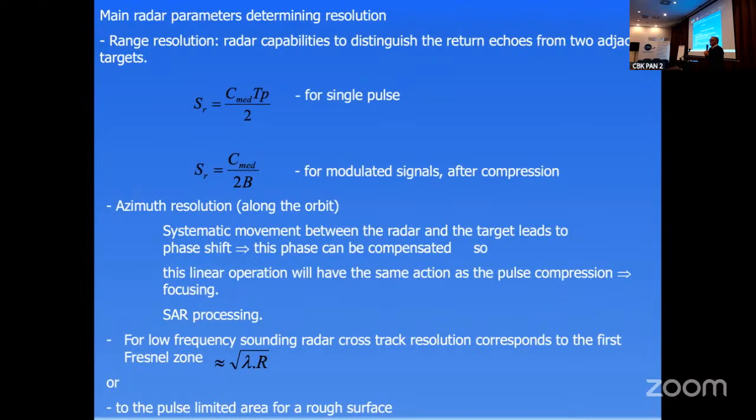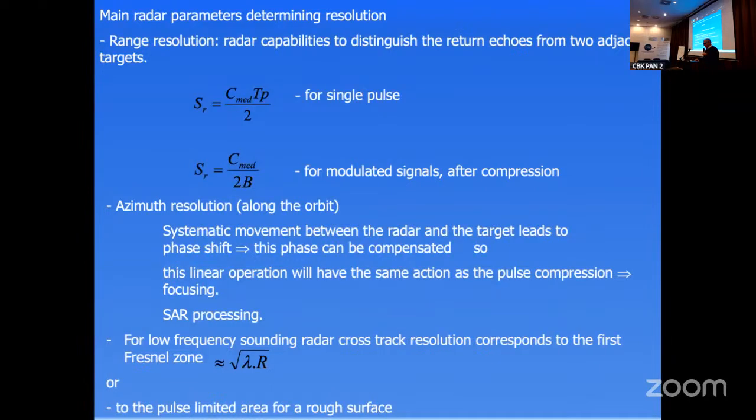It is in fact the autocorrelation of the transmitted signal in the simplest case. And after this correlation the signal is very narrow. It depends on the bandwidth. And it is the reason why for this kind of radar, and not only, for all military radar, people use the modulated signal.